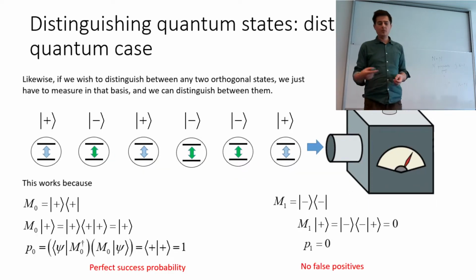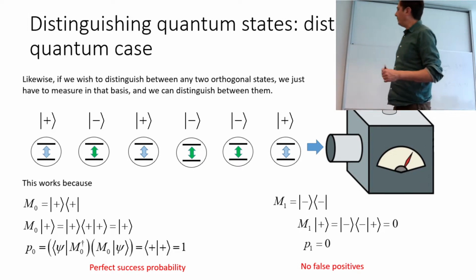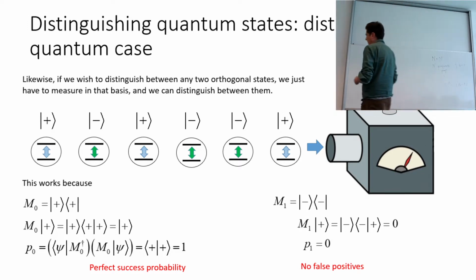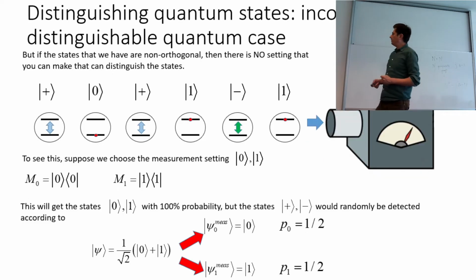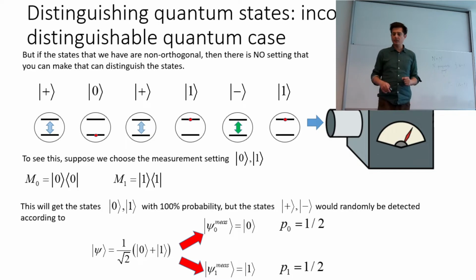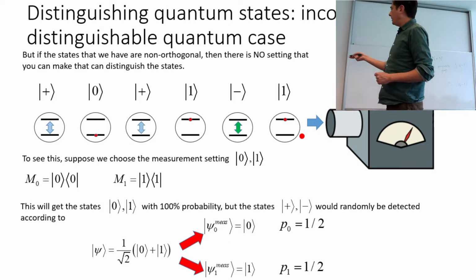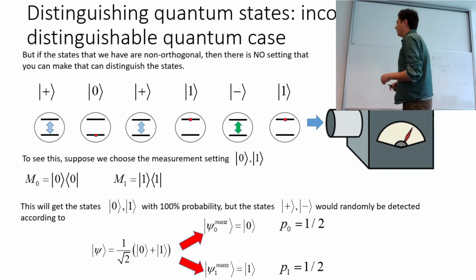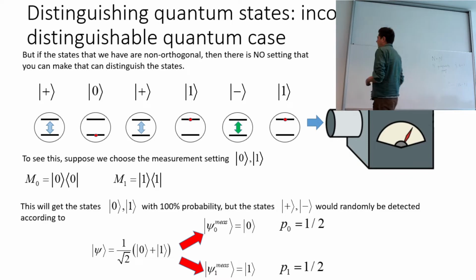You can actually also do this in the plus minus basis. It's actually no different, even though this looks like more of a quantum example. But if you have non-orthogonal states, so the new thing here is that states like 1 and minus and plus, these are not orthogonal anymore. So if they're not orthogonal, then basically you can't distinguish them anymore.